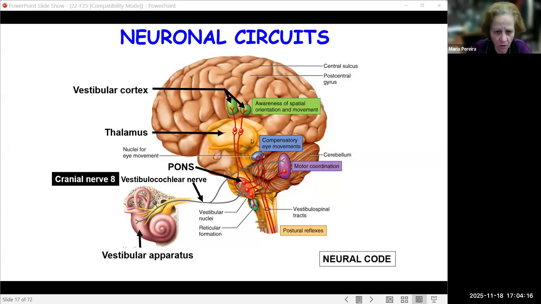This is where all the electrical current generated at the periphery, except for olfaction, is going to end up in the thalamus. And then from the thalamus, it's going to be distributed to different areas of the brain. So it all depends on this neuronal circuit.